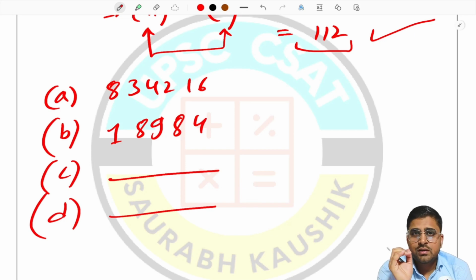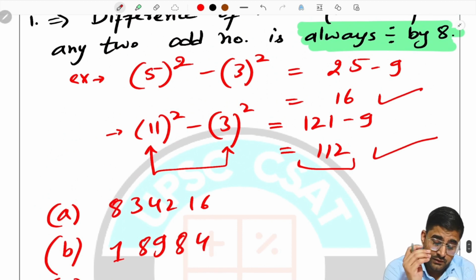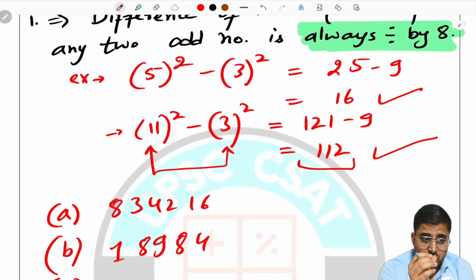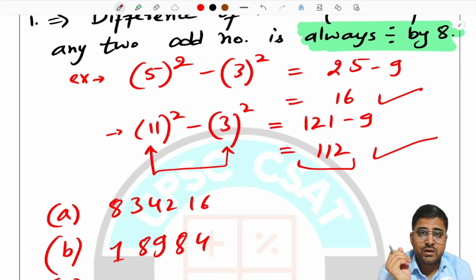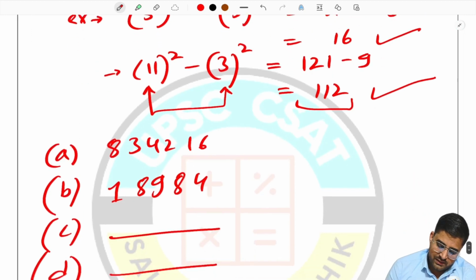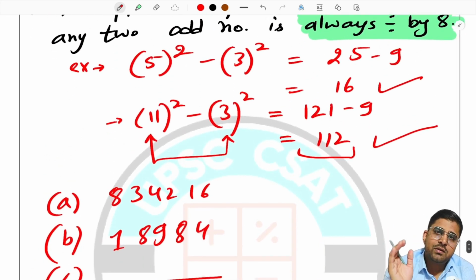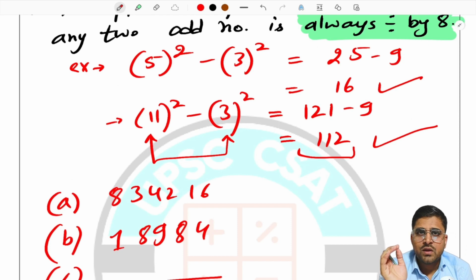But if you know that the difference between the two squares of odd numbers is divisible by 8, then you do not require to do the whole process. You just skip that part and mark it, yes, it is divisible by 8, and move to the next question. That is the only way to skip the calculation.